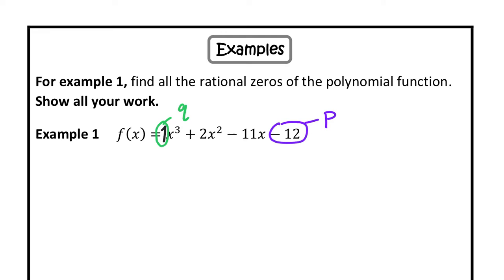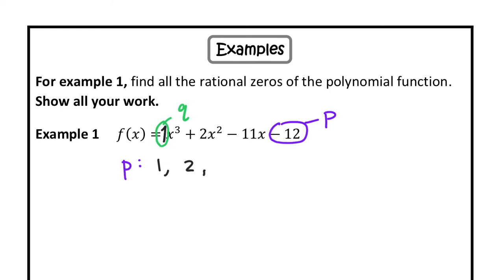Now, with the P value, we're listing all the different ways to multiply to get 12, right? So I could do 1 times 12. I could do 2 times 6. And 3 times 4. But I'm going to write them in order from least to greatest.